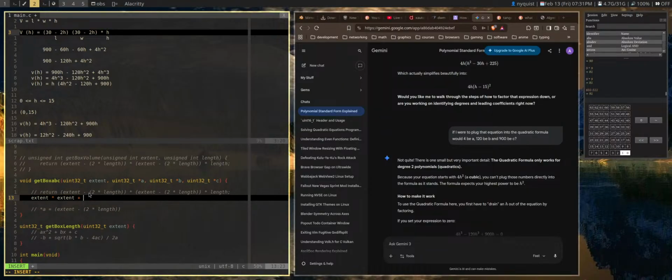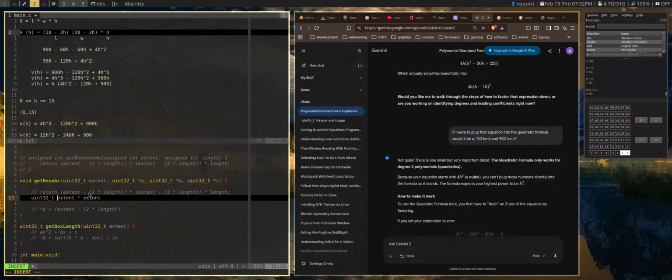plus, we're going to ignore h like it doesn't exist. Right? Extent times extent.